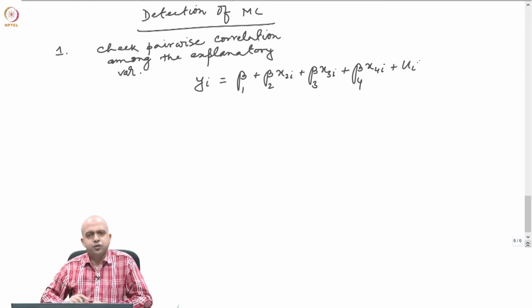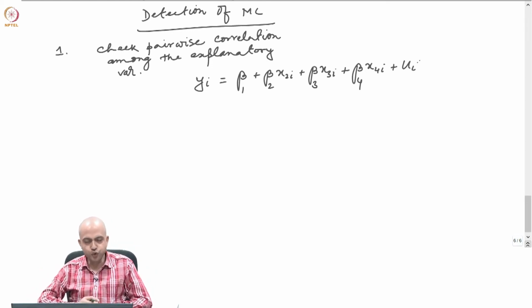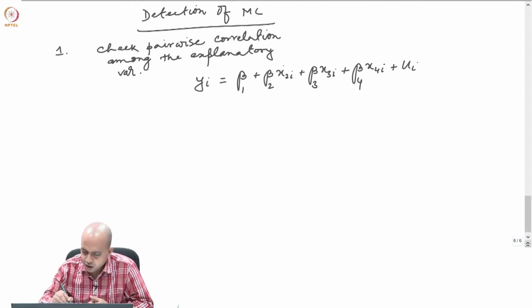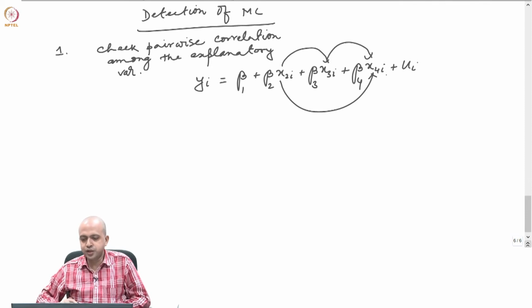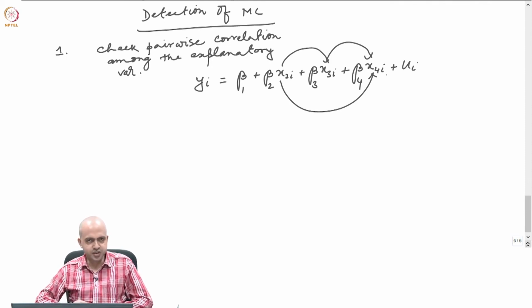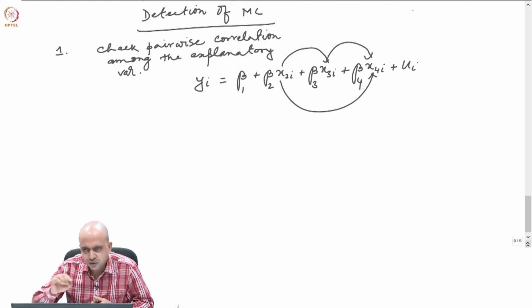Then the simple measure, when you write a paper also, before presenting your regression result, is to show in your paper the pairwise correlation between x2, x3, x3, x4 and x2, x4. So, this is called pairwise correlation.